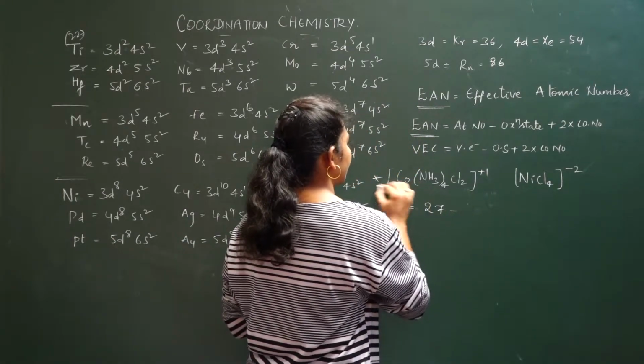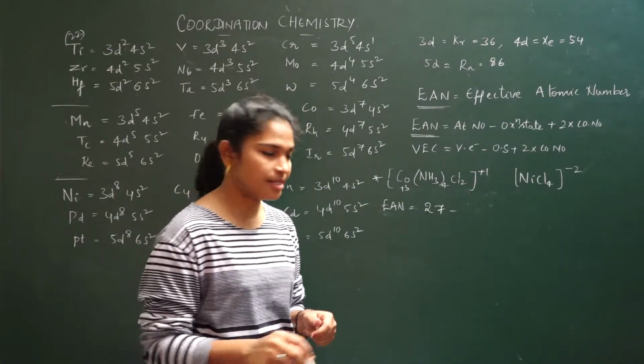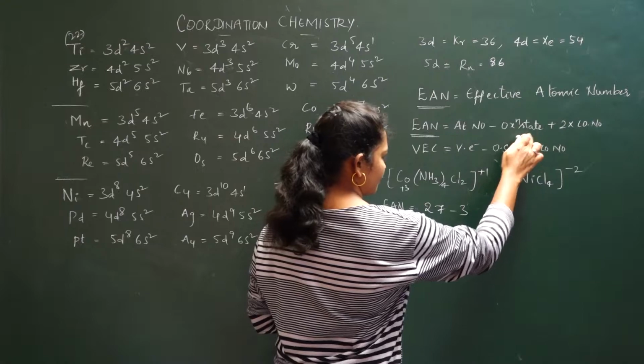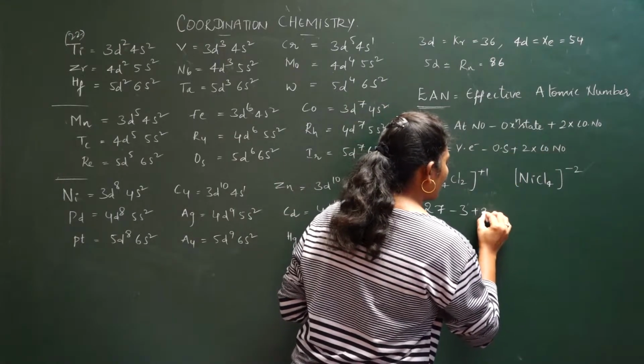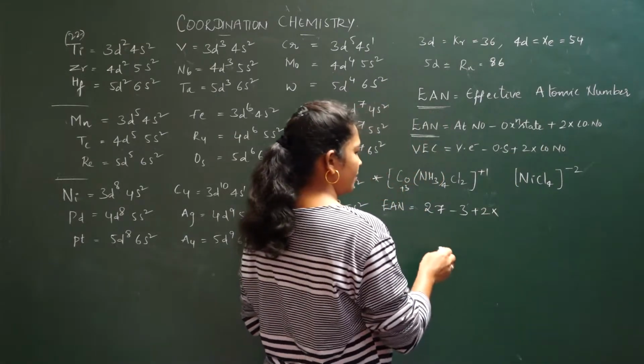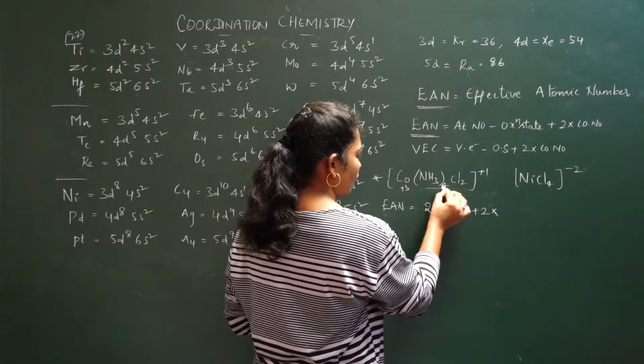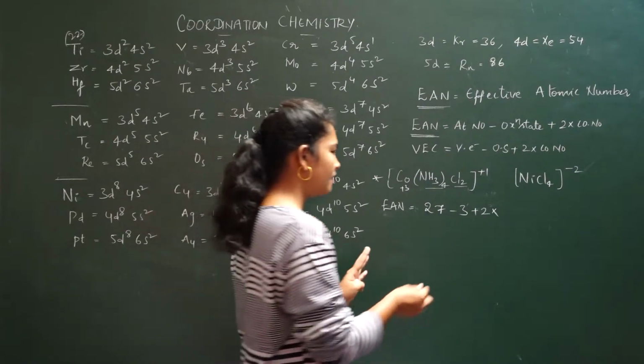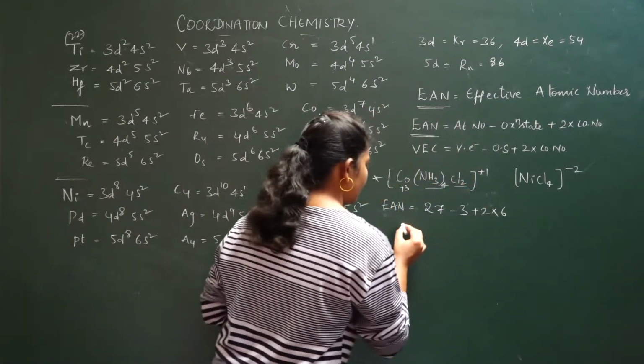So atomic number minus oxidation state plus 2 into coordination number. What is the coordination number here? 4, 2, that means 6. So the coordination number here is 6. Now just calculate here.